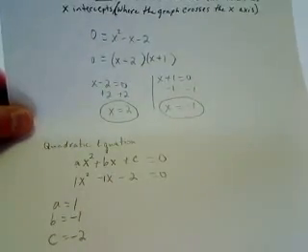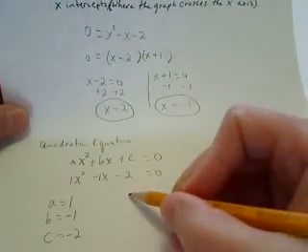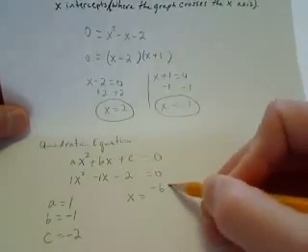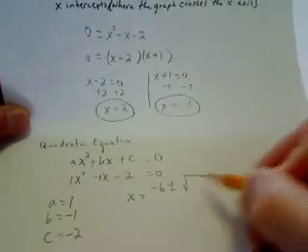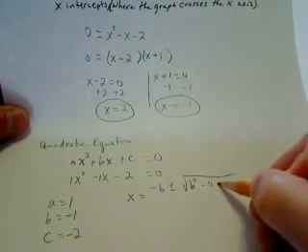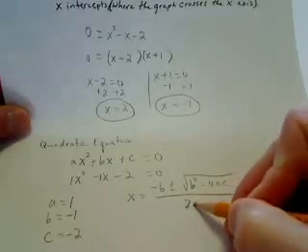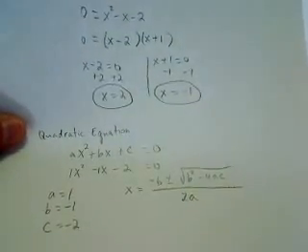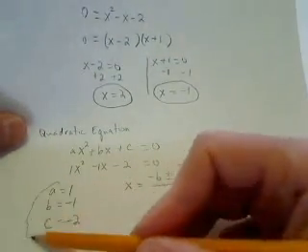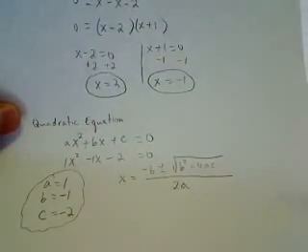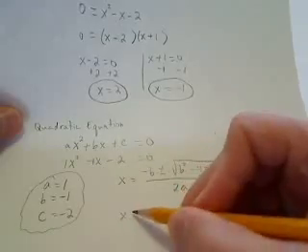So now that we have that, we can use the quadratic equation. It says that x is equal to negative b plus or minus the square root of b squared minus 4ac, all in the square root sign, all over 2 times a. Now we know our values of a, b, and c, so we plug them in wherever we see them.